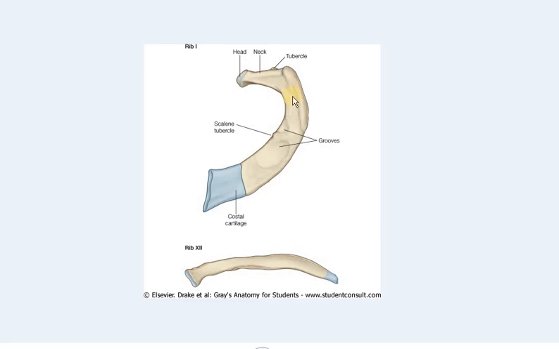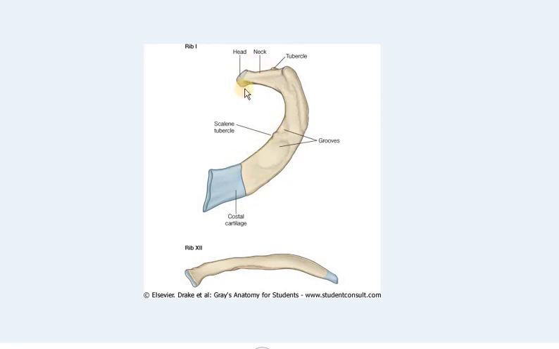The first rib is the shortest rib, the broadest rib also, and the most curved rib. As the first rib is flat, its surfaces are not external and internal, while it has a superior surface and an inferior surface, and the borders are the outer border and the inner border.